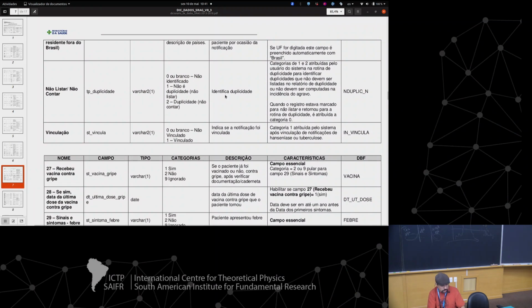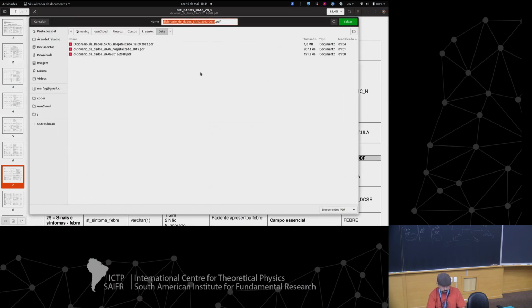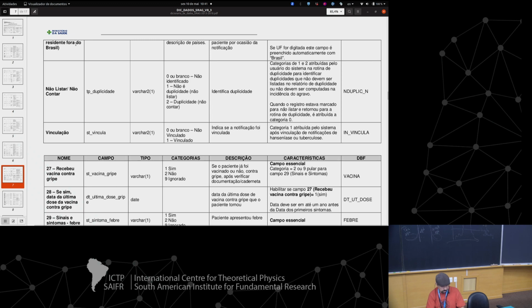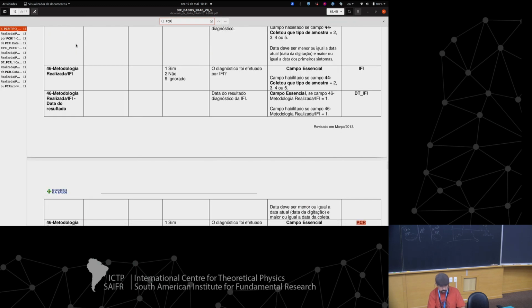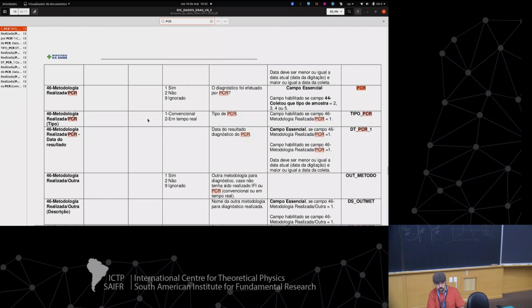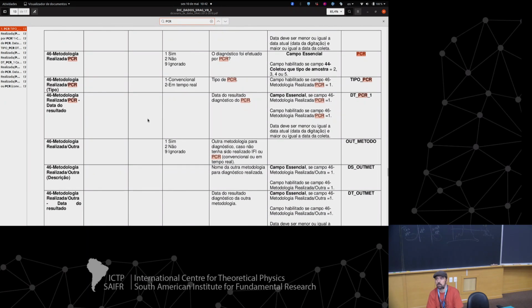Now, as we said, this is a syndromic surveillance, right? So it might have influenza cases, COVID cases, and so on and so forth.